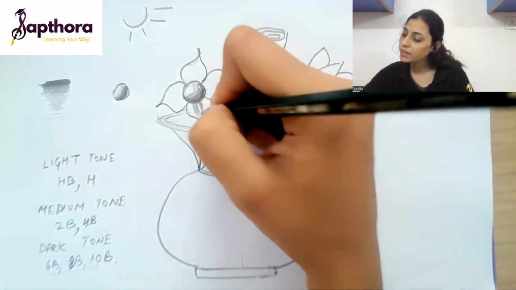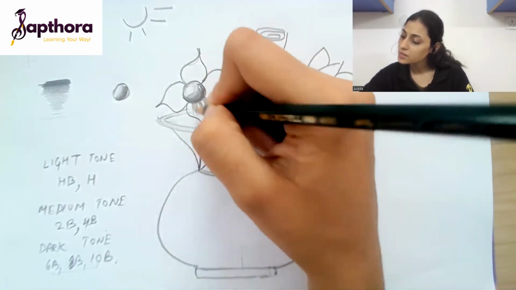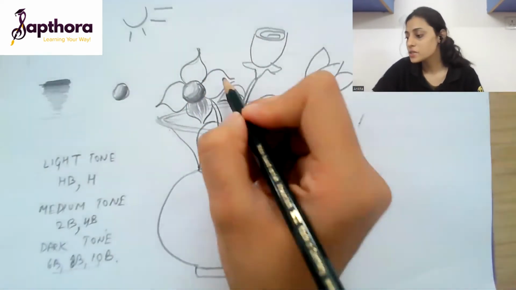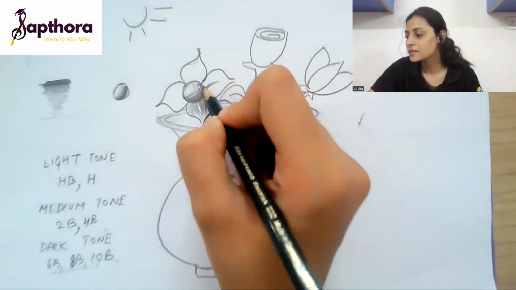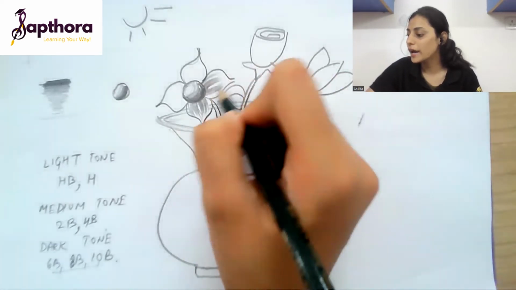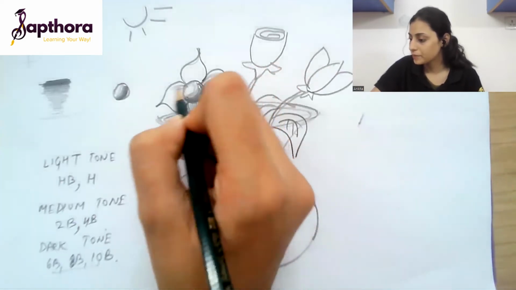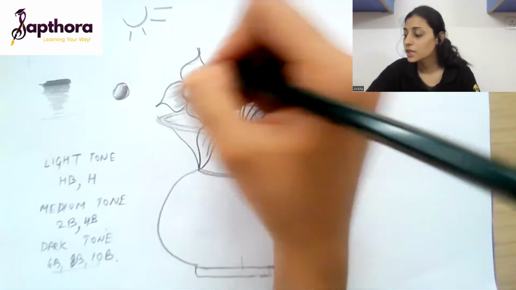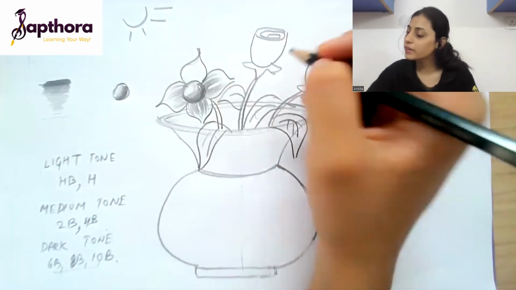Okay, so the shading will go in strokes like this. Slowly the strokes will get lighter. Start with the dark stroke, slowly move the stroke and bring it lighter. So the same goes for all your flowers.